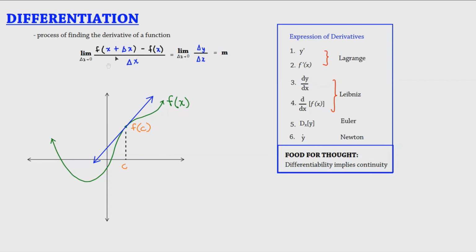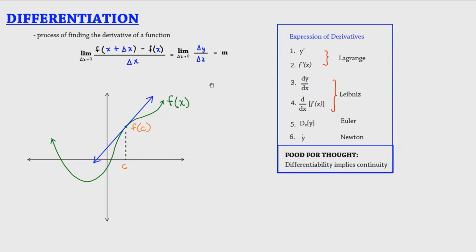This is the 3-step rule that you've been solving for a million years in your high school. The expression in the numerator is the delta y or the change in y, and the denominator will be the delta x. Of course, delta x approaches 0. And if you evaluate that at a certain value, you will get m here, which means the slope.